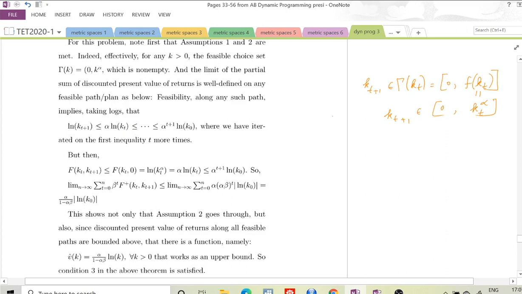But if you just iterate further, log k_t must be less than or equal to alpha log k_{t-1}, less than or equal to alpha times alpha log k_{t-2}, and so forth. So then you see that log of k_{t+1} is going to be bounded above by alpha to the t plus 1 times log of the capital stock that you started with. So effectively there's a bound.